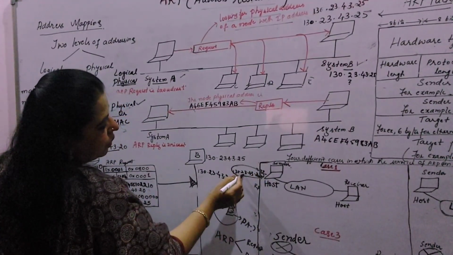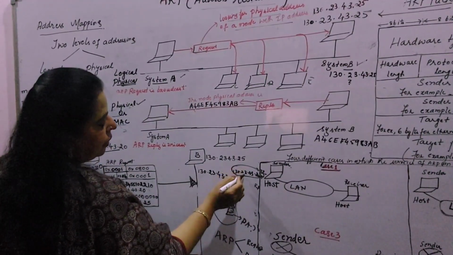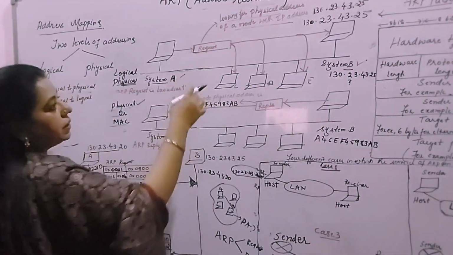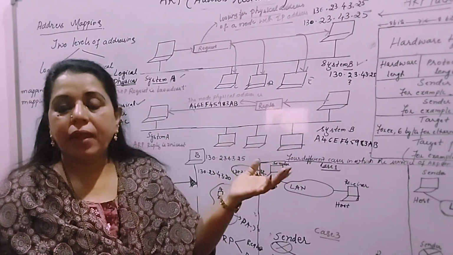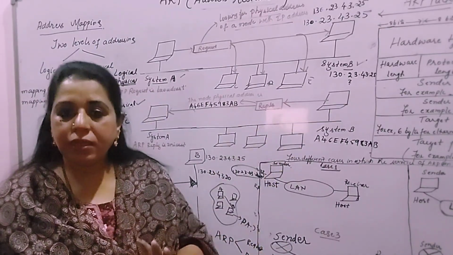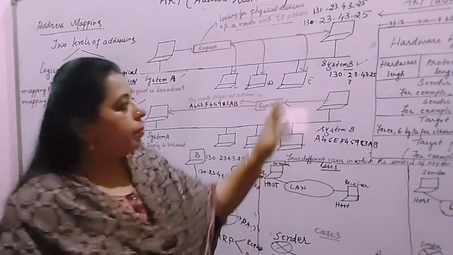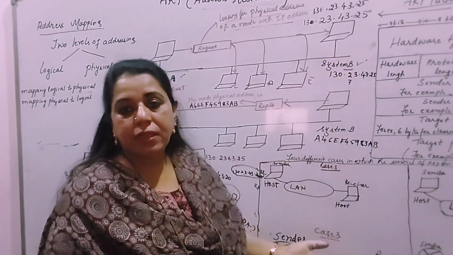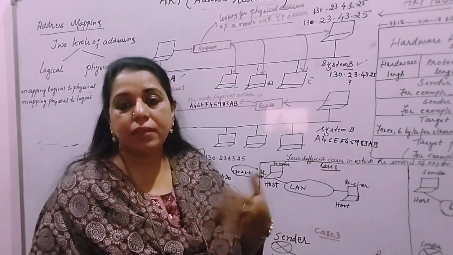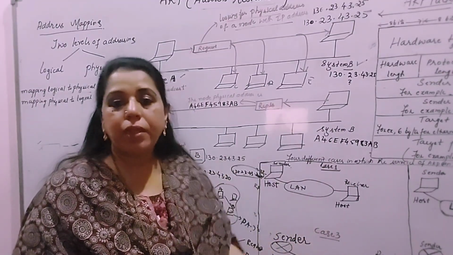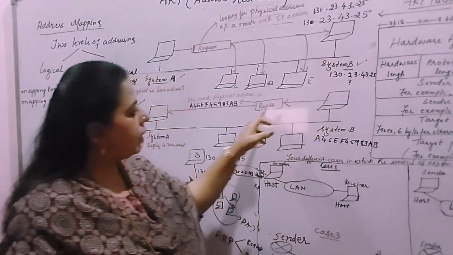Now the receiver's logical address is included in the ARP packet. Definitely the other hosts, when they see that the logical address does not belong to them, just ignore it. They are not going to reply. But the intended recipient, when system B sees that this packet has the logical address belonging to it, says let me respond. So system B will send a reply.